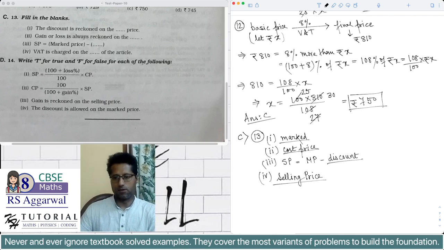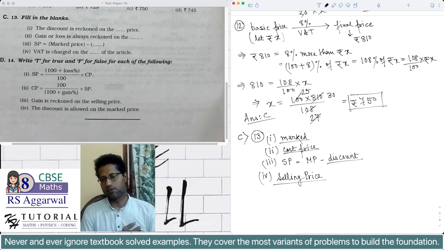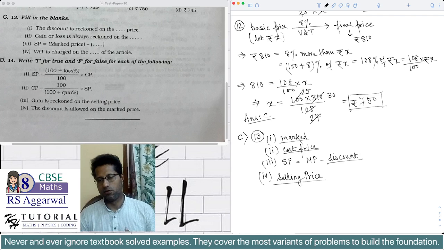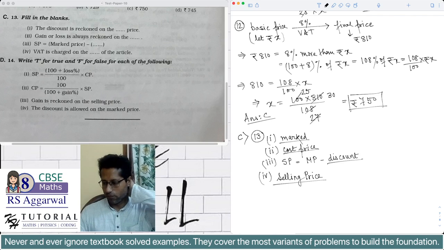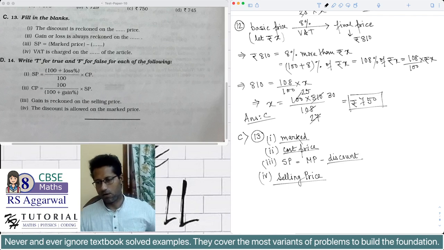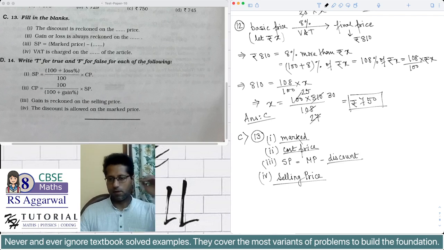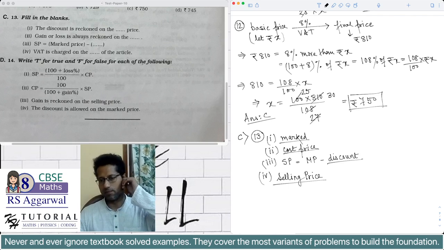So from the cost price, the flow is like this. From the cost price we get the mark price, and the mark price is usually a little more than the cost price, a certain percentage above the cost price. From the mark price, if there is a discount, then some discount percentage is deducted from the mark price, and then we get the selling price.